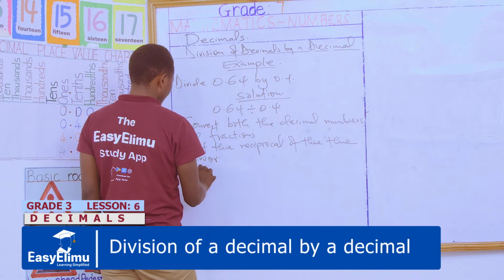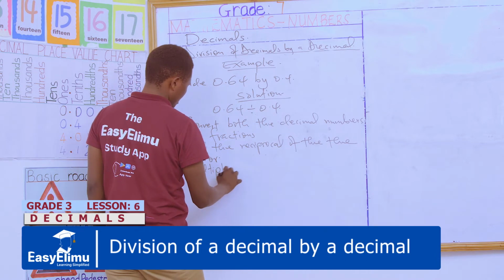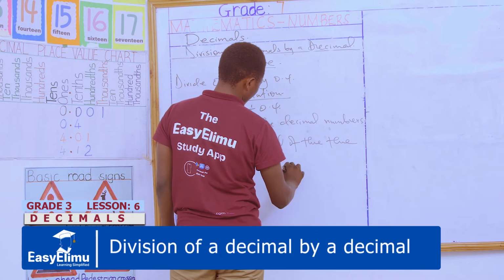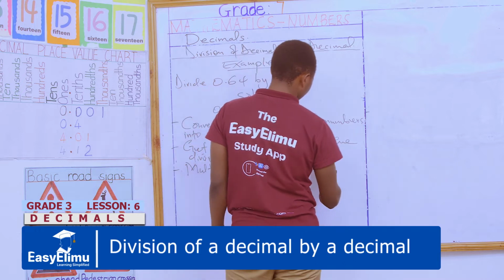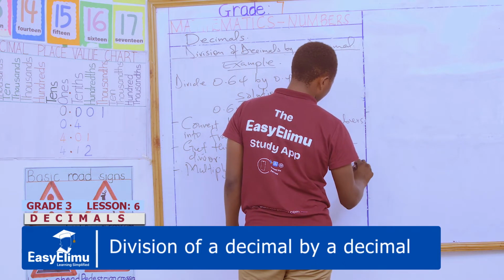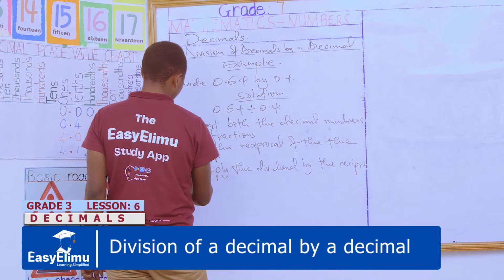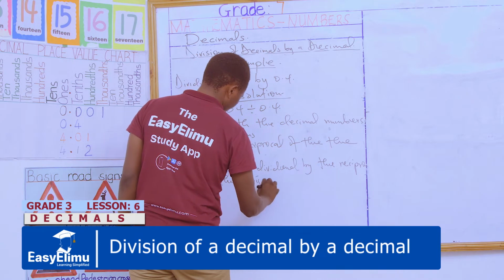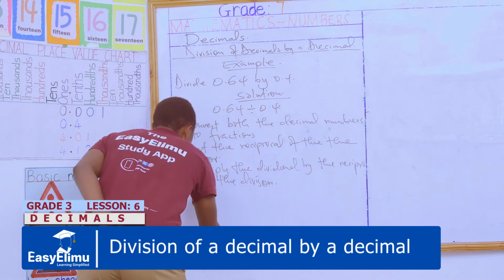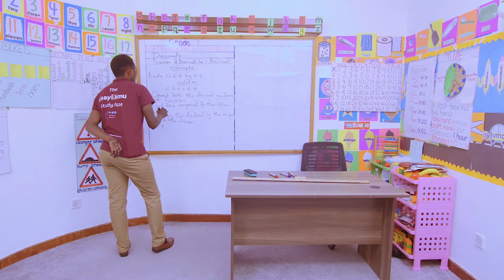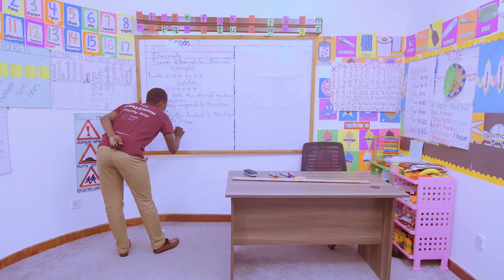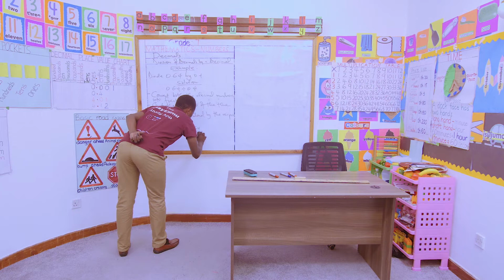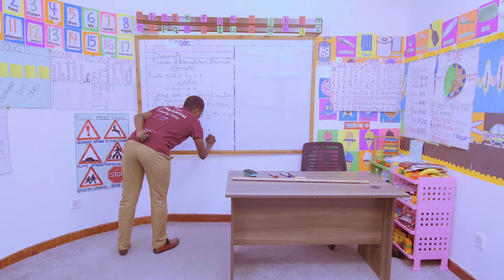Next, multiply the dividend by the reciprocal of the divisor. That is, we shall now have 0.64 divided by 0.4 is equal to 64 over 100 divided by 4 over 10.